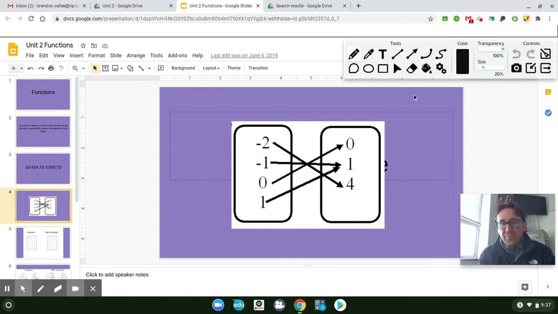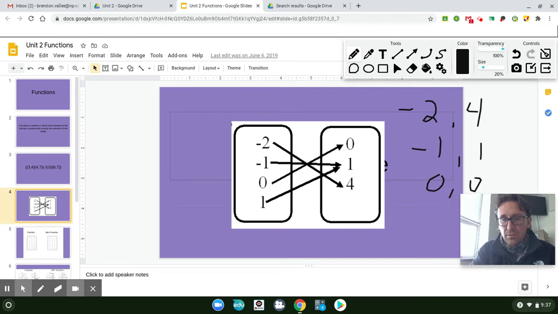If you look at this mapping here, and we look at our point values here, I have -2, 4, okay, and then I have -1, 1.